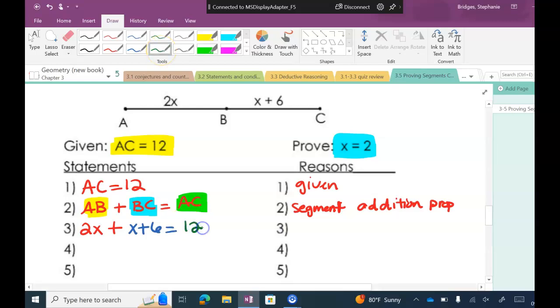It equals 12. So let me ask you this. If I took away AB and I replaced it with what AB is equal to, I took away BC and I replaced it with what BC is equal to, and then I took away AC and I replaced it with what AC is equal to, what did I just do on all three of those? Substitution. Okay, so we used the substitution property. I replaced one thing with something that it is equal to.